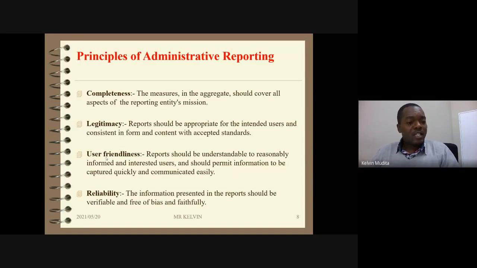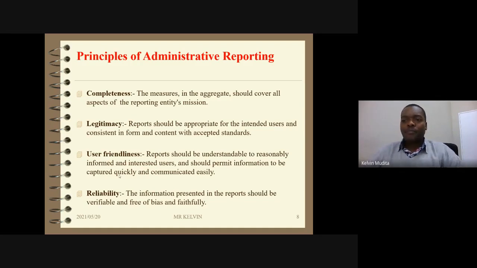People should find it easy to read, and your information should be consistent, with the paragraphing, full stops, and punctuation, all those items we covered in principles of communication, just basic writing skills, whereby your paragraphs should be clear, the introduction should be clear, and the body and conclusion should be clear. That is what consists of user-friendliness. Anyone else can read that report and learn from it and be able to study it and give recommendations.